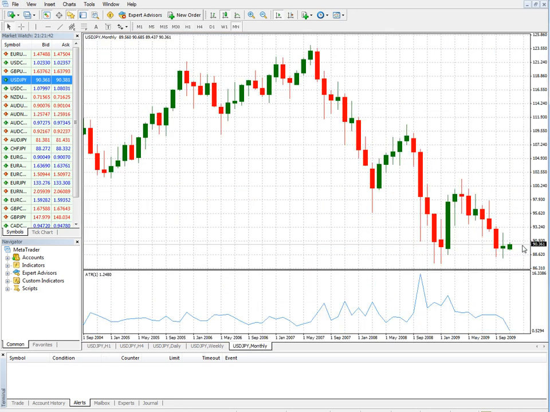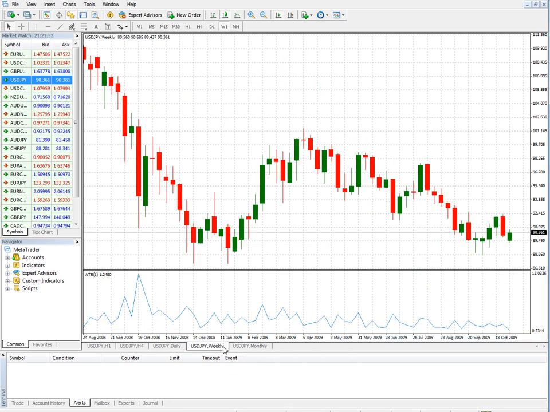Let's see what the US dollar Japanese yen looks like. Monthly, could be some bottoming out there. Let's see weekly, what the weekly looks like. Okay, just approaching some previous lows back here from December '08. That's interesting.